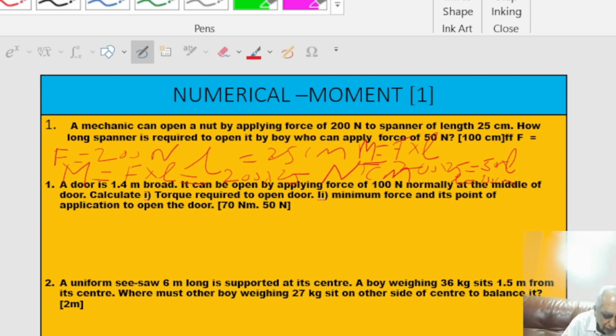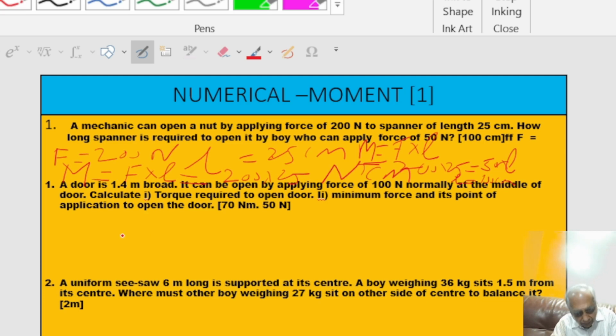Write down the data: first force is 200 Newton, length is 25 centimeter. So find the moment required. You should write the full sentence: moment required to open the nut is equal to F multiplied by L, equal to 200 multiplied by 25, so Newton centimeter.